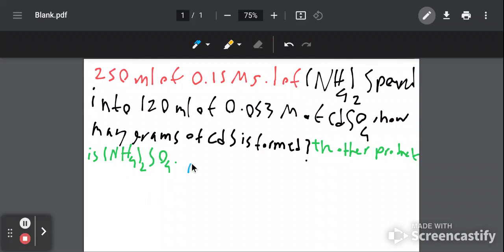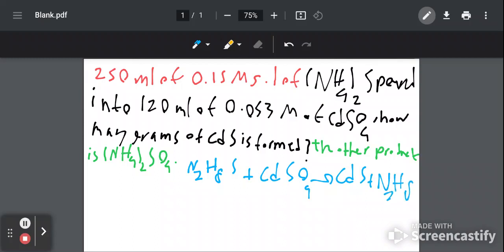The reactants would be N2H8S, plus cadmium sulfate, CdSO4, and we're given the products cadmium sulfide, CdS, plus N2H8SO4.